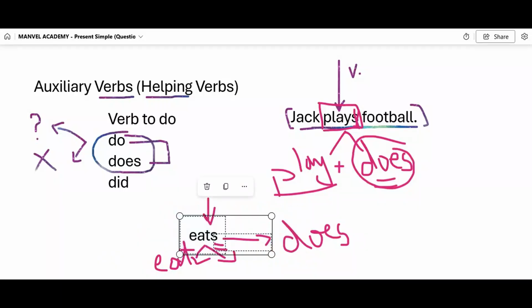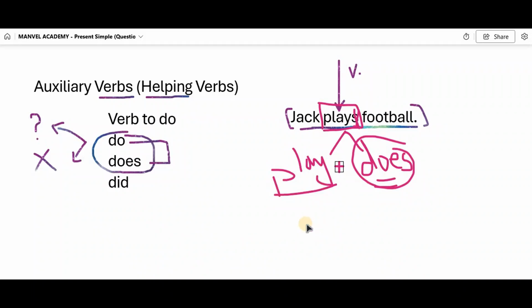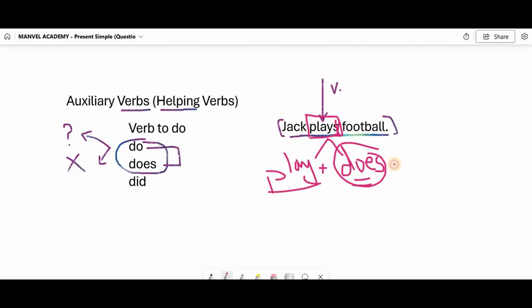All right. So this means that plays has an auxiliary verb inside of it, which is does. And does turns out to be an auxiliary verb. Now, I can use does to form a question and to form a negative.